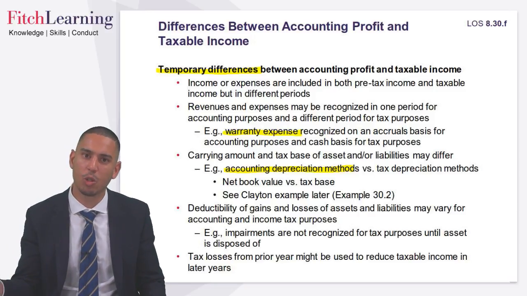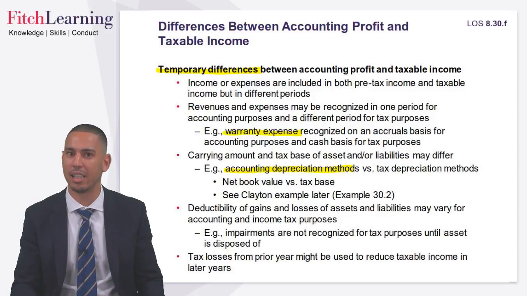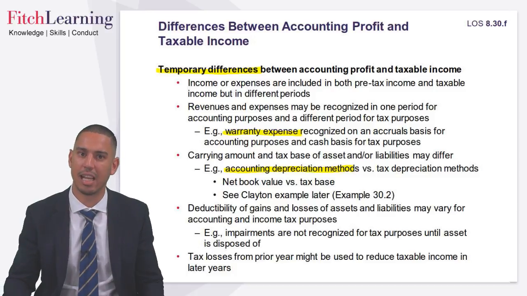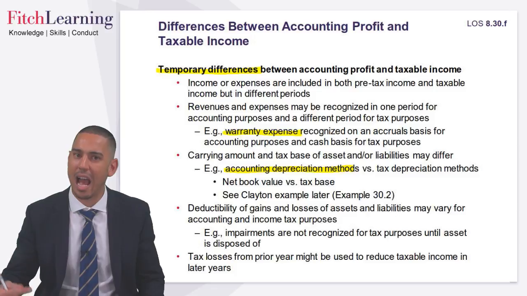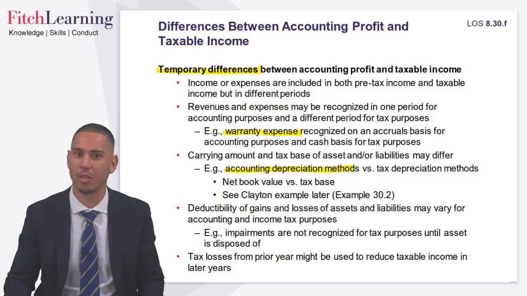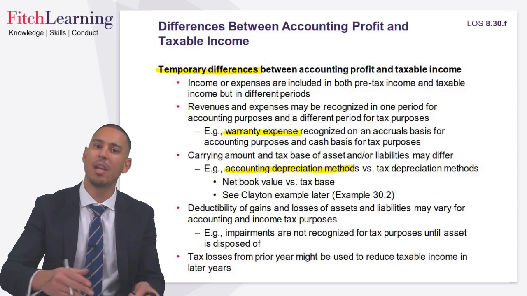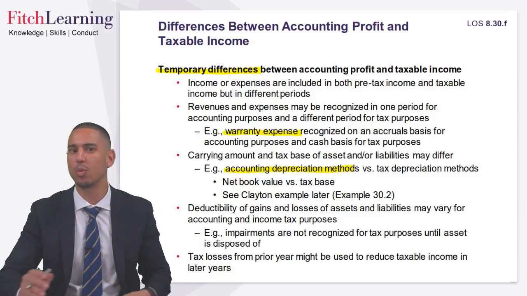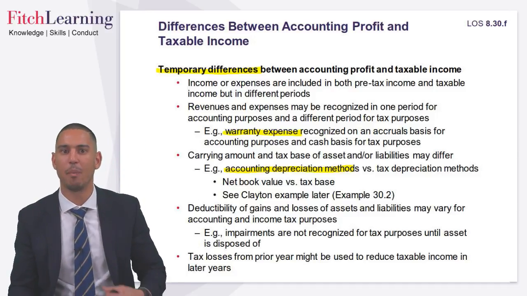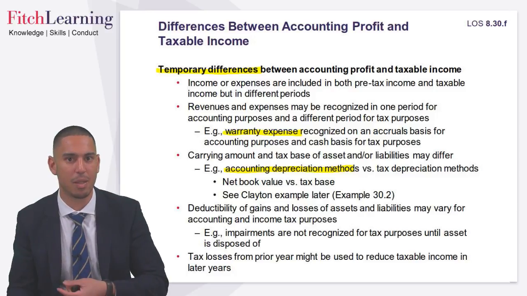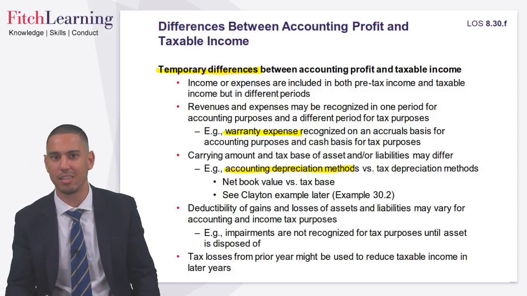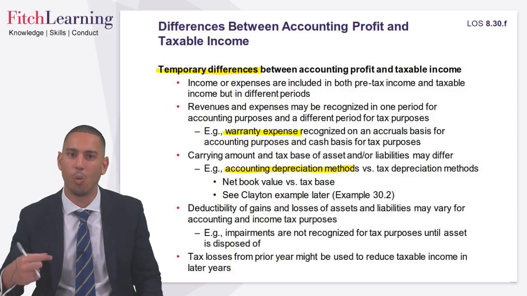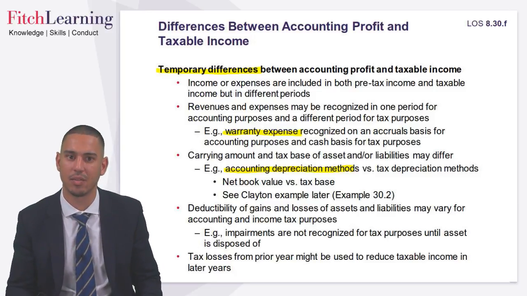That provision will go through the income statement immediately as they sell the phones. But the tax authority says you only get a tax deduction when you actually pay the cash to repair the phone. So over time, if my estimates are correct, those will end up the same. But in my accounting standard, I recognise a liability immediately. When it comes to my tax standards, I'm going to follow when I physically pay the cash.